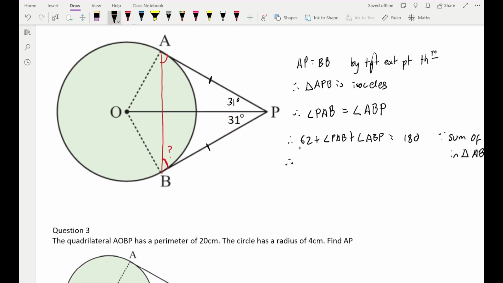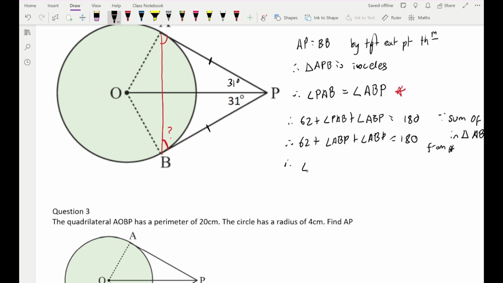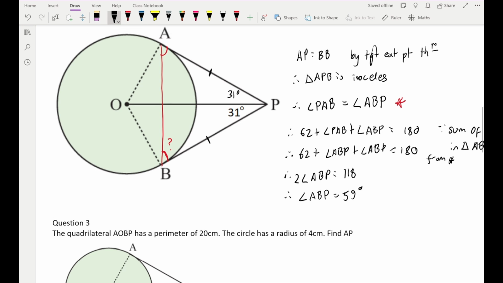So 62 plus, now I'm going to call both of these angles ABP, equals 180. And sometimes I like to label it as star, and then I say from star, something like that. Therefore, two lots of angle ABP equals 180 take 62, which is going to be 118. Therefore, angle ABP is going to be half of 118, or in other words, 59 degrees, which is great.